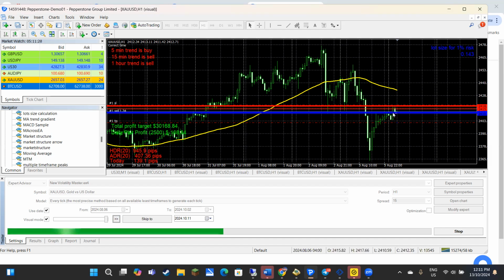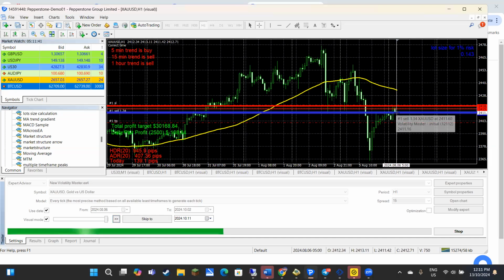So the thick red line and the thick blue line are indicating the top and bottom of the 5-minute range. And it's just broken below the 5-minute range. So it's placed a sell order, and it's placed a take profit 1,000 points below the trade.